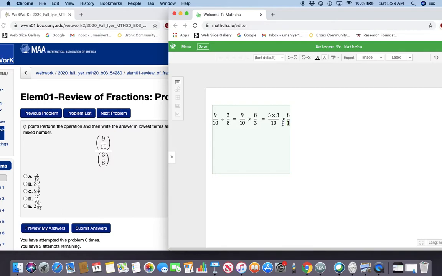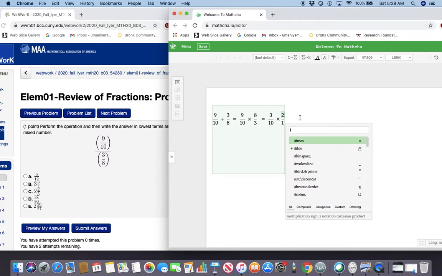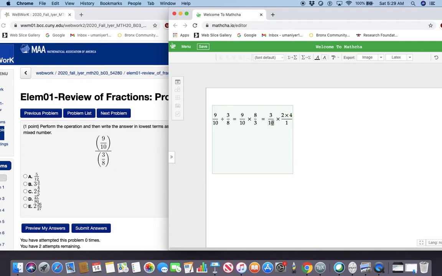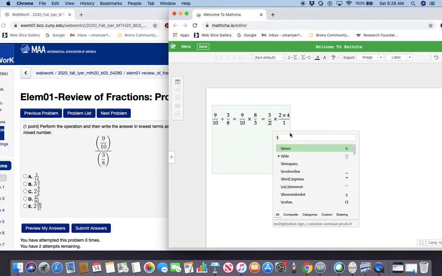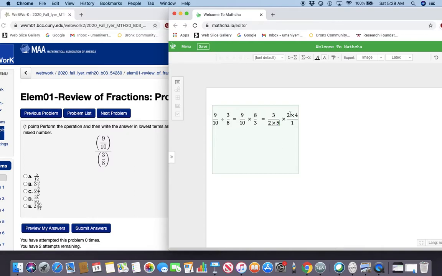Cancel one of the 3's, one upstairs and one downstairs. 8 and 10: 8 is 2 times 4, and 10 is 2 times 5. So 2 reduces in both. There is no other reduction here.